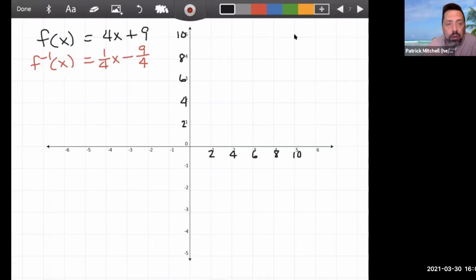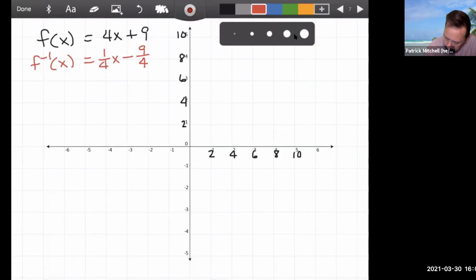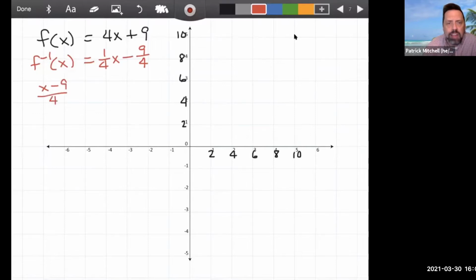Notice that I have rewritten the equation of f inverse of x. It originally looked like x minus 9 all over 4. You might want to take a half a minute or so and convince yourself that these mean the exact same thing.